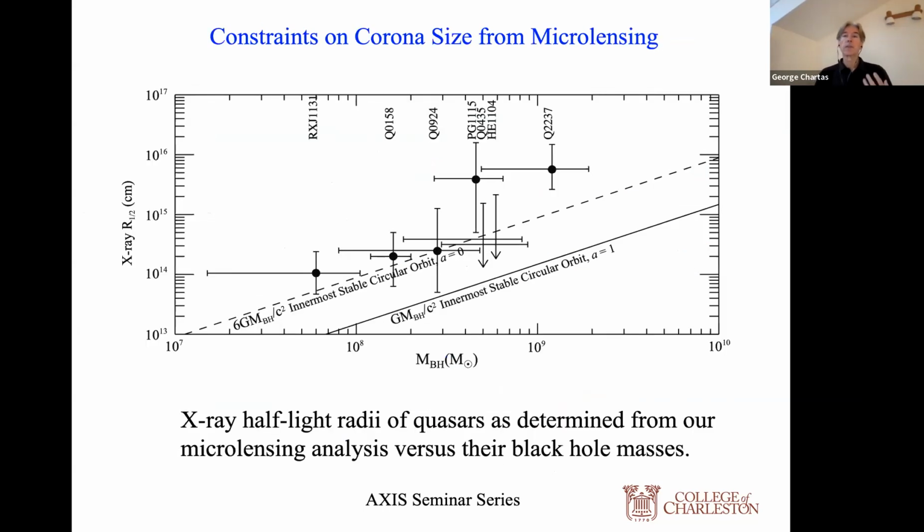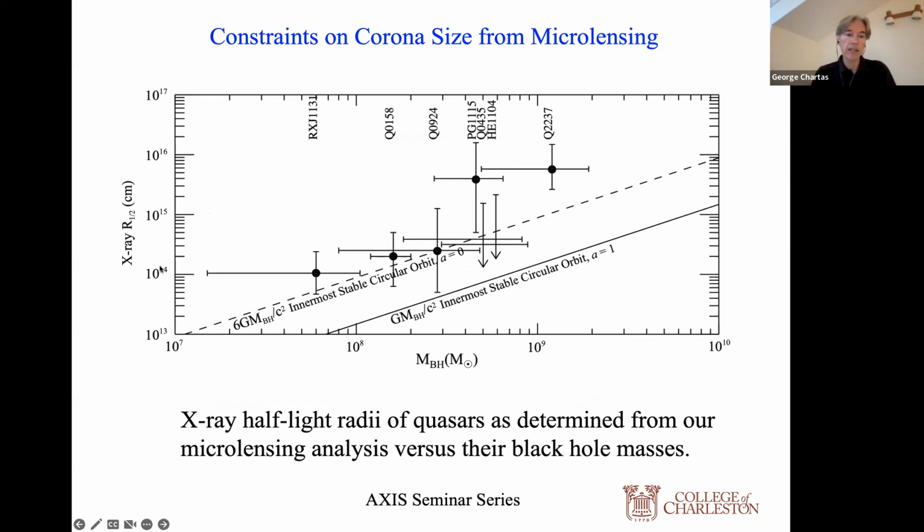All right, so one of the very interesting results that we obtained by analyzing these light curves, and remember the effect that I mentioned that smaller regions are affected more strongly by microlensing, is that we're able to constrain the size of the X-ray emitting corona.